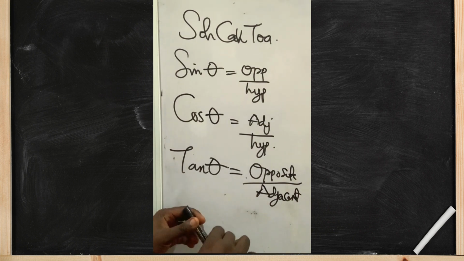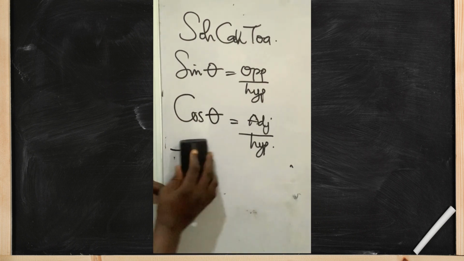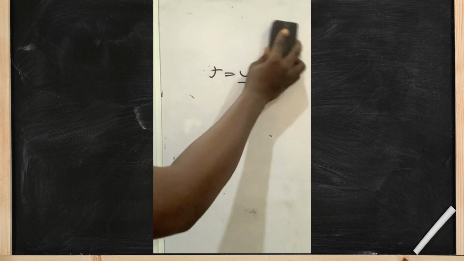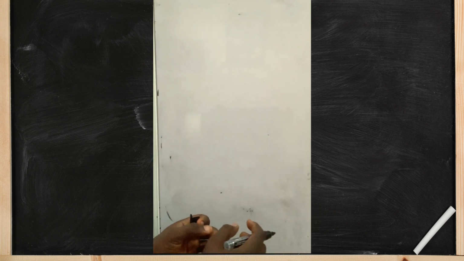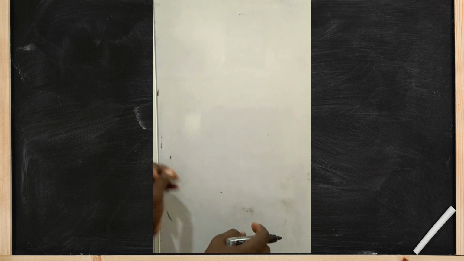So that is the SOHCAHTOA. However, there is this thing that is not as popular. I just quickly want to chip in here. It's just a tip. When you have an inverse of these things, there is something that you can use.